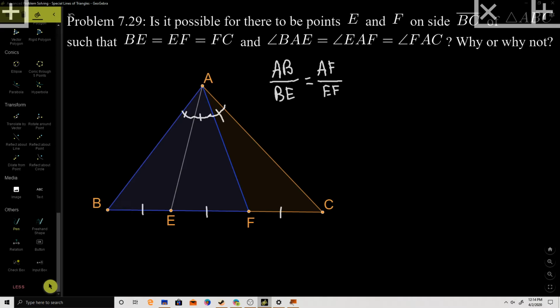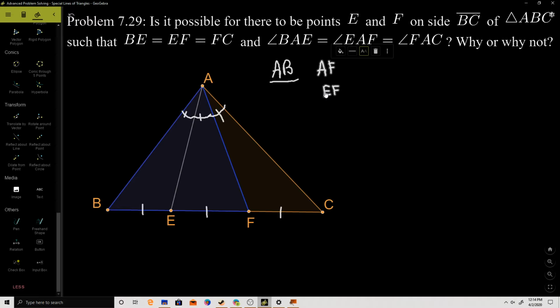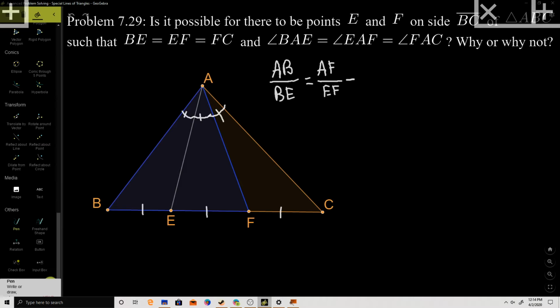Well, can I get anywhere from here? Well, BE and EF are the same. So instead of writing BE and EF, I can just call these values X.